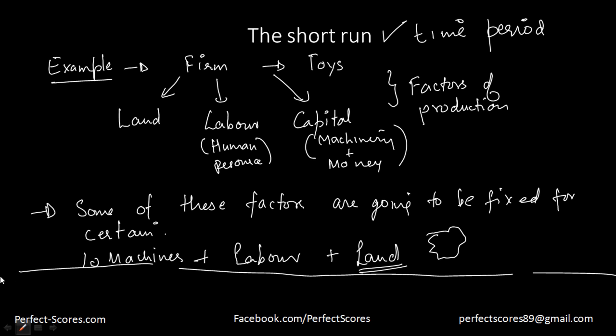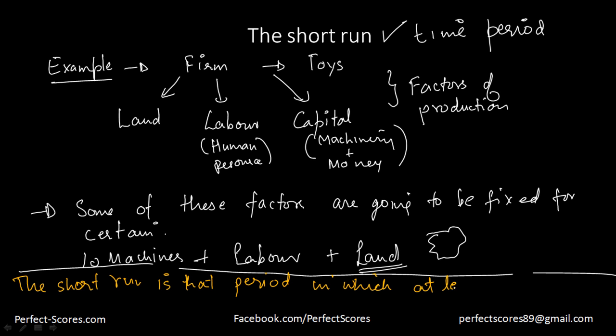So the short run is that time period, right? So that is the definition of short run. It's that time period in which at least one factor of production is fixed, right?